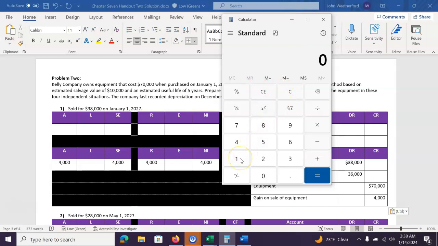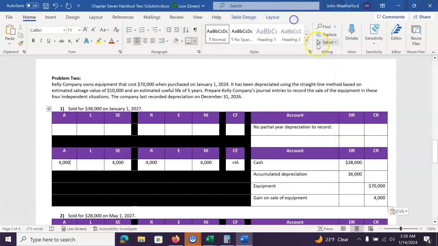Our depreciation expense per year was $12,000. And here we need 4 months worth, so times 4 divided by 12. Should be $4,000 of depreciation expense taken for those first 4 months of 2027.